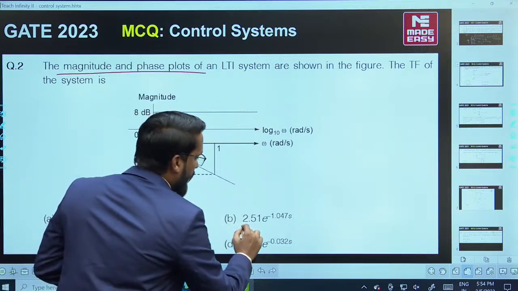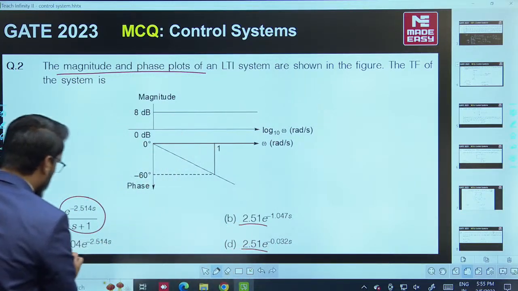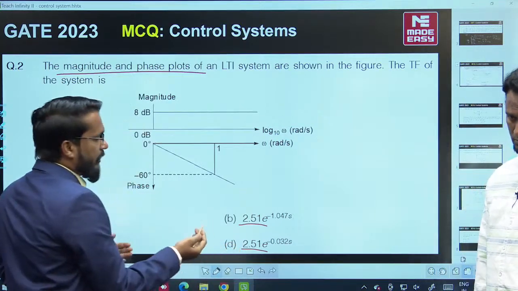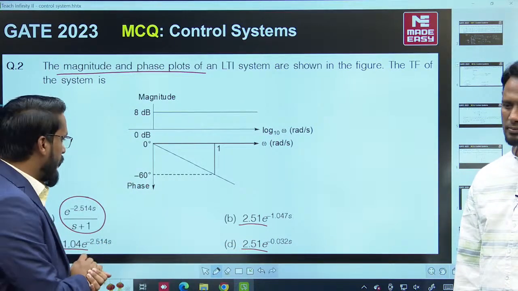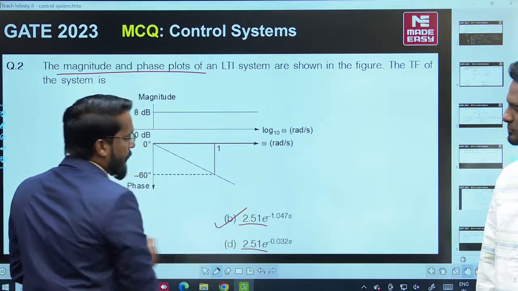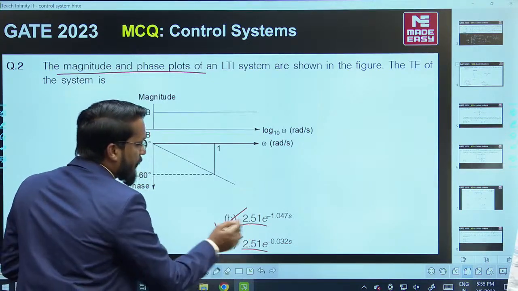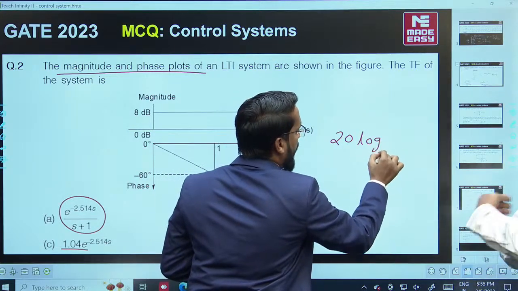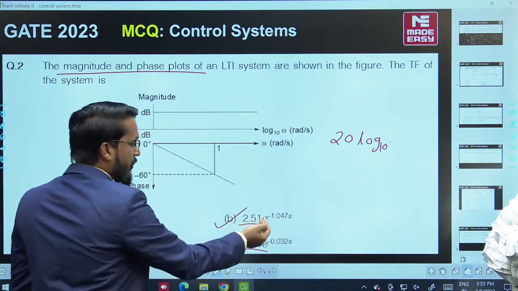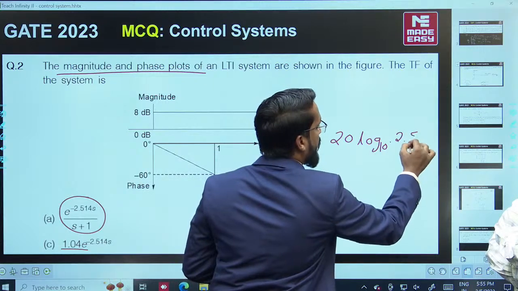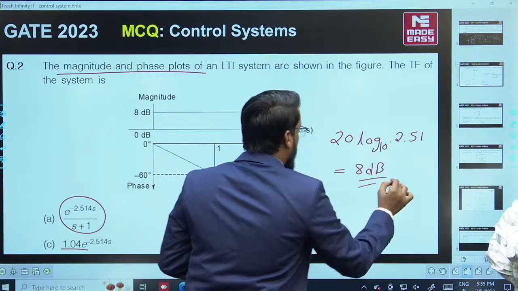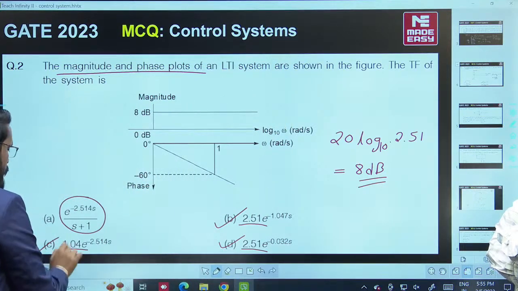Now, with respect to this information, if we calculate the magnitude in dB, 20 log 10 of 2.51 will definitely result in the 8 dB value. So obviously option C is going to be wrong.